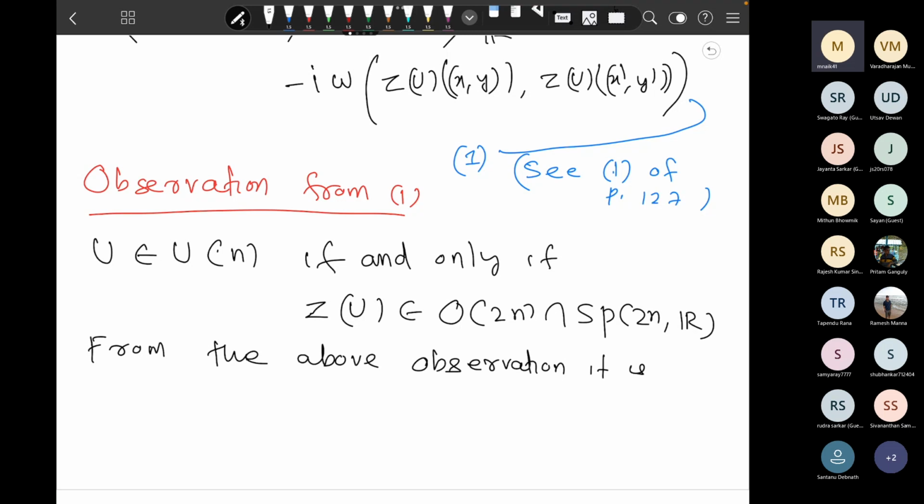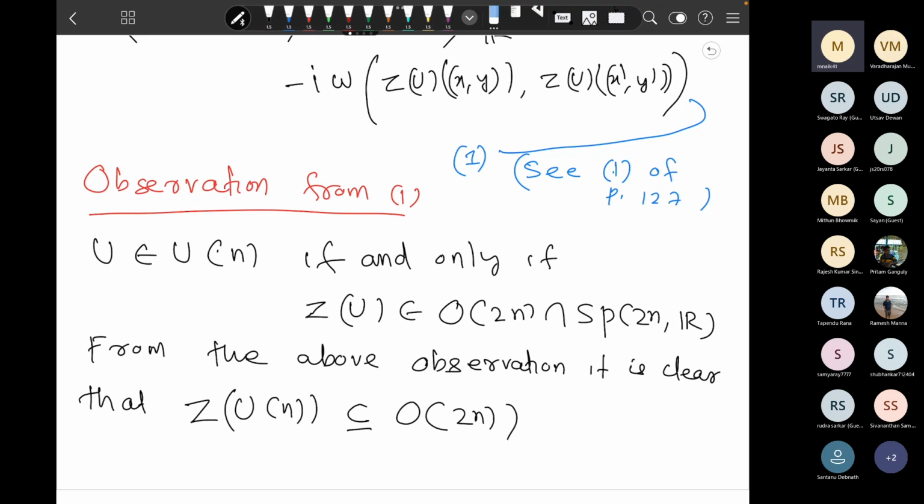It is clear that Z of U_n is contained inside O_2n intersection Sp_2n(R).